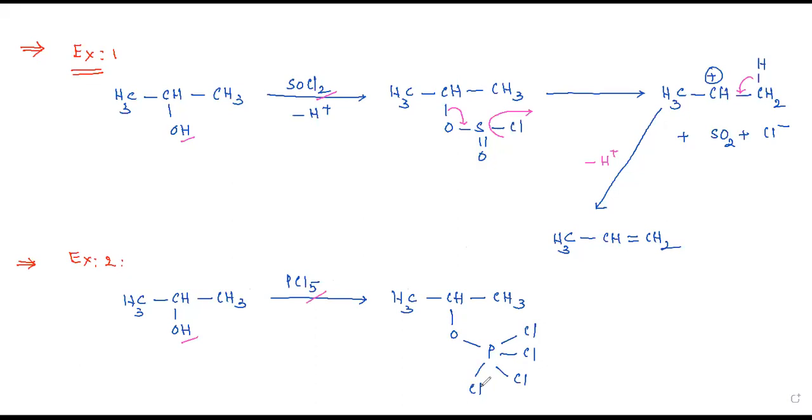Okay, the same way as seen, so we get CH3, CH plus, then CH3, a carbocation, then there is a POCl3, P double bond O, Cl, Cl, then Cl, phosphorus oxychloride, and of course Cl minus, right?